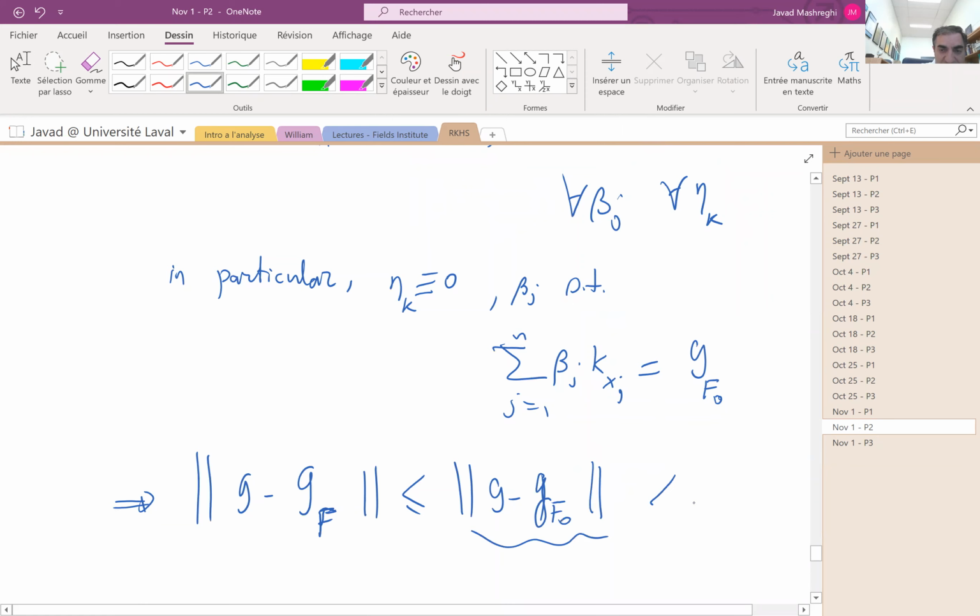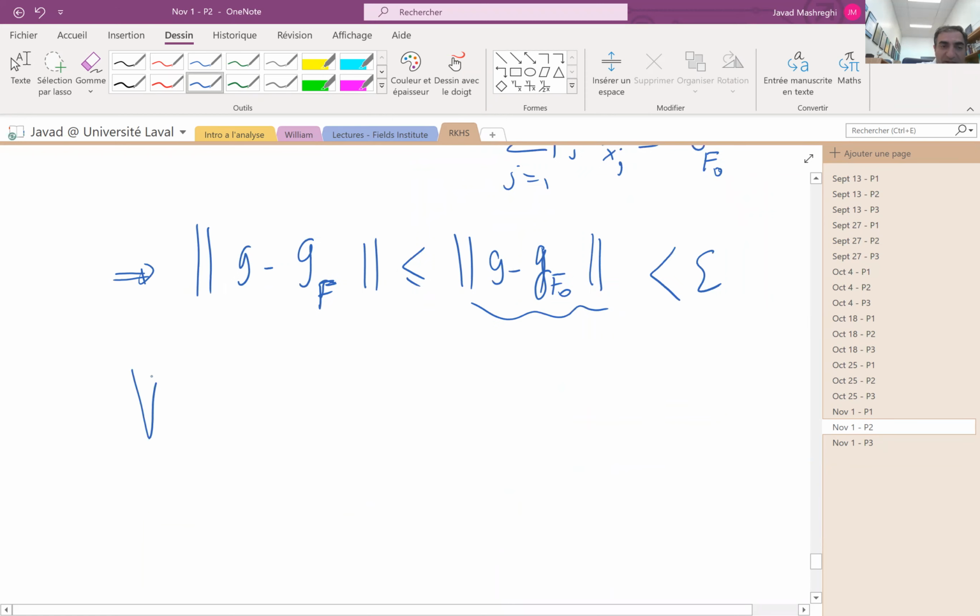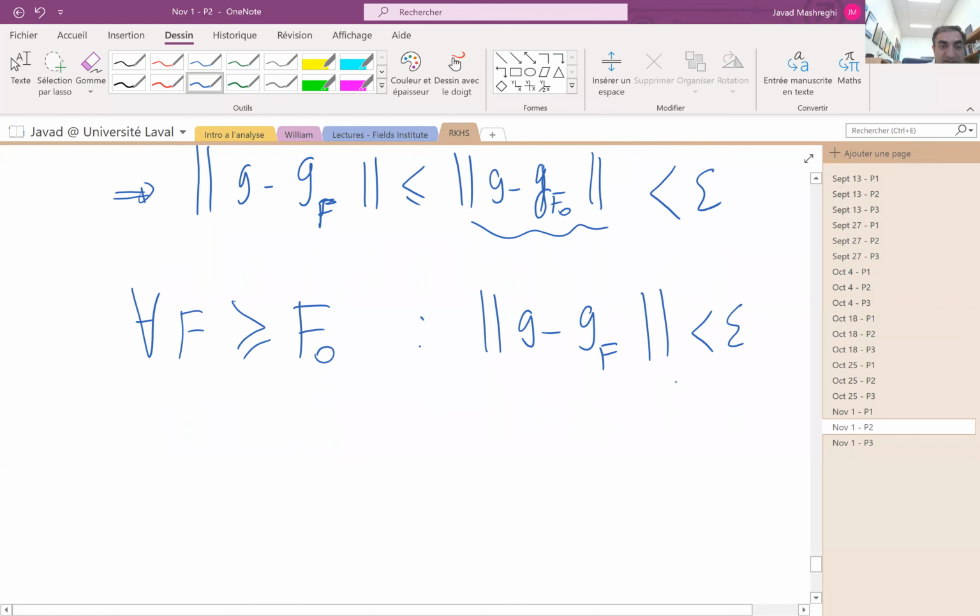And we know this is small. Therefore, for any F bigger than or equal to F0, the norm of g minus g_F is less than epsilon. That's precisely the meaning of the limit of g_F equal to g.